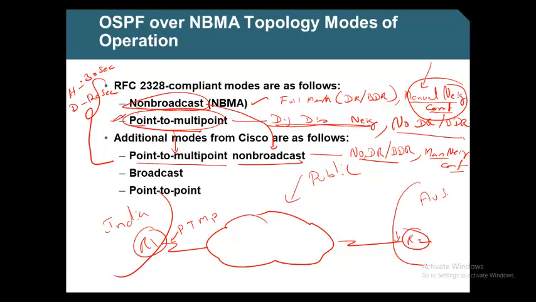What about this two? As I said earlier in the previous class, you have a broadcast mode and a point-to-point mode under NBMA.